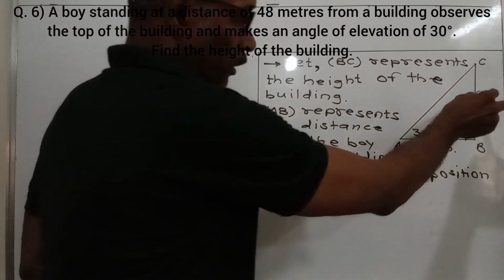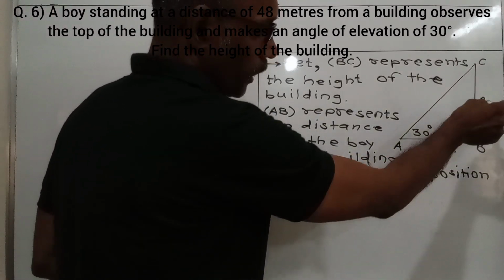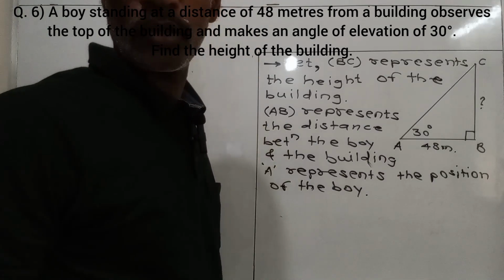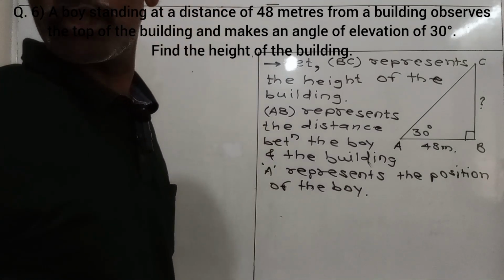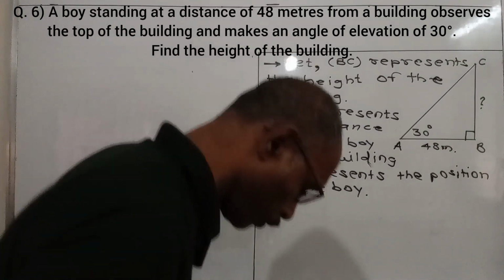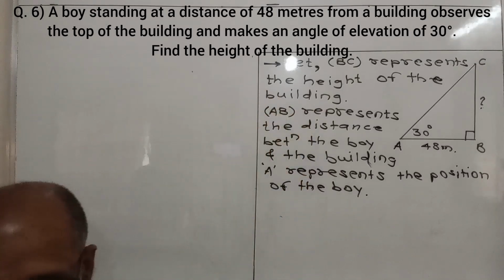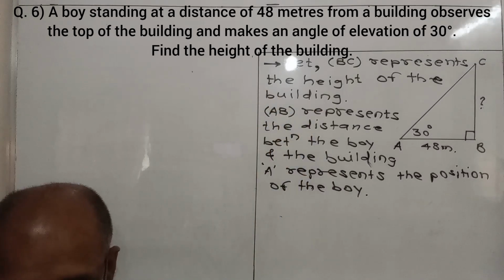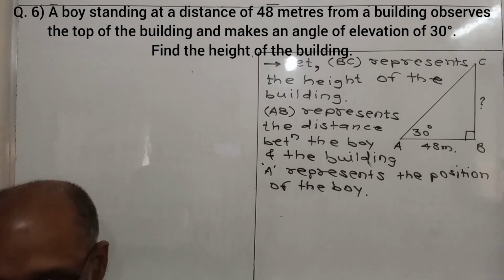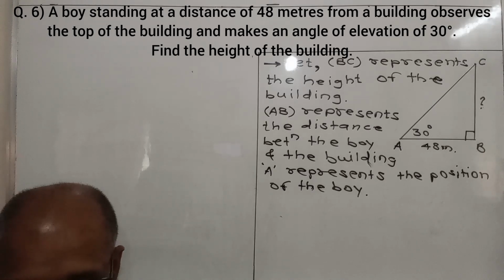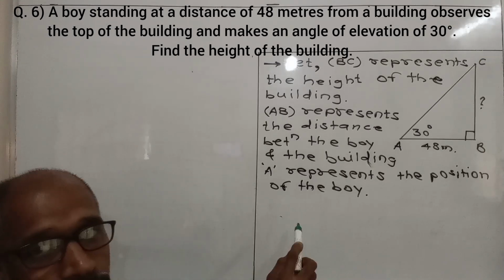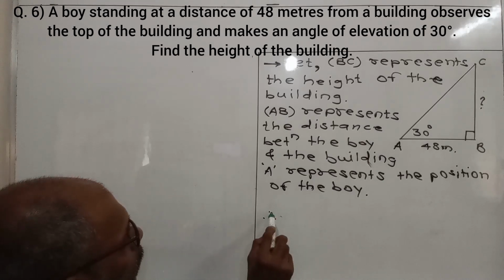We are given this and want to find this, so we use the trigonometric ratio of opposite side upon adjacent side.